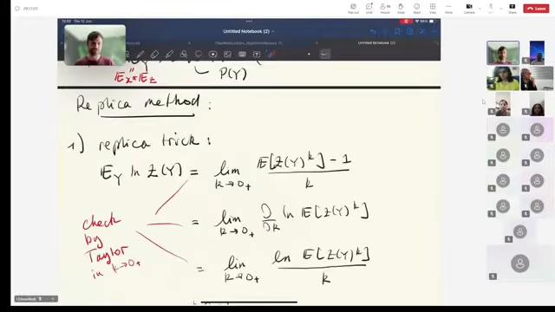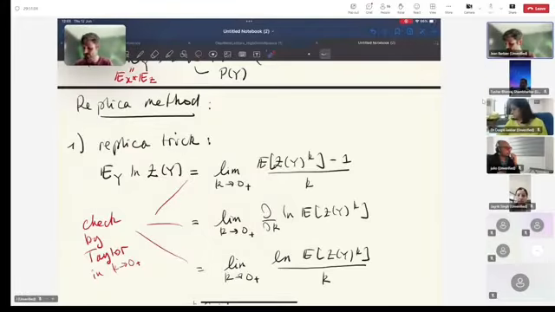Okay, so let me summarize what we've done so far in this replica computation. Like I said, the goal is to compute the expectation of the logarithm of a random function, where the randomness is this y. The issue is that it's difficult to compute the expectation of logarithms.